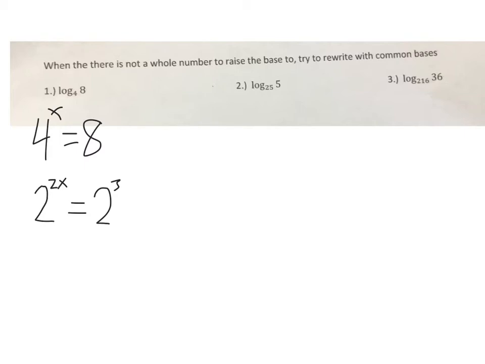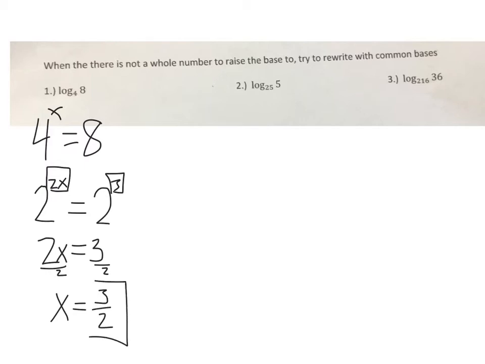Our bases are the same, so now we can just set our exponents equal to each other. If I have 2 to the something equals 2 to the something, those somethings have to equal each other. So I can just set those exponents, 2x and 3, equal to each other. Now I'm just going to solve for x, so divide by 2, so x equals 3/2. So my answer is just 3/2.